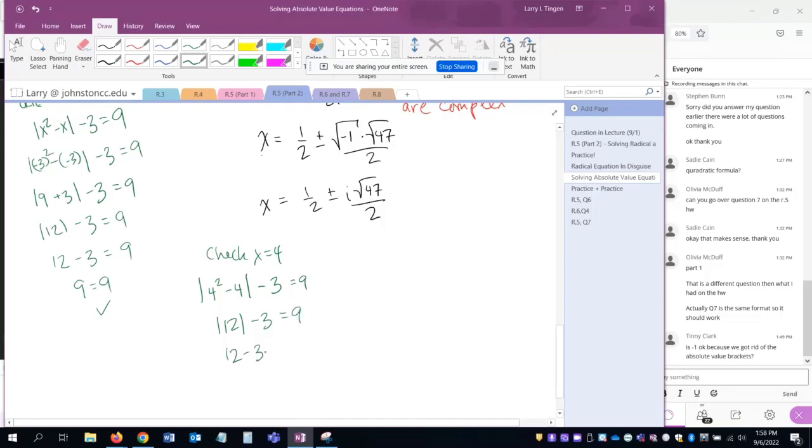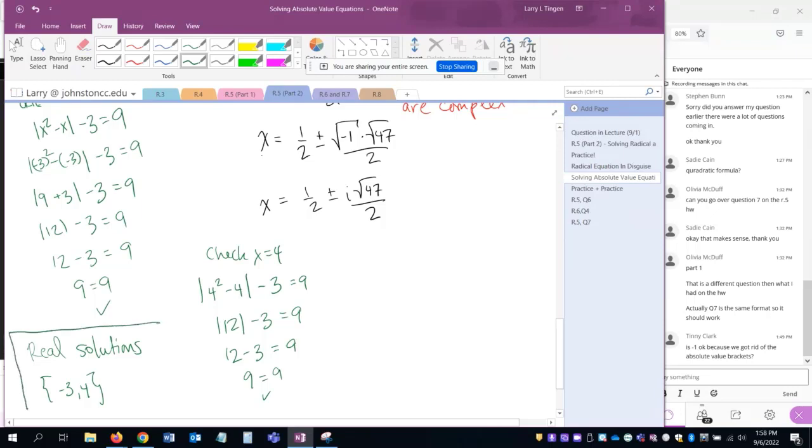So the absolute value of 12 is 12. 12 minus 3 is 9. 9 equals 9. That checks. So my real solutions are negative 3 and positive 4.